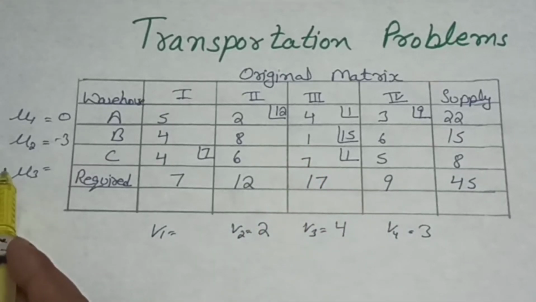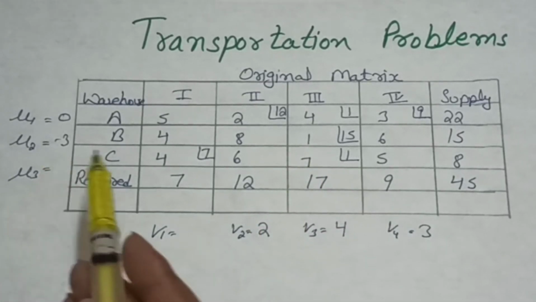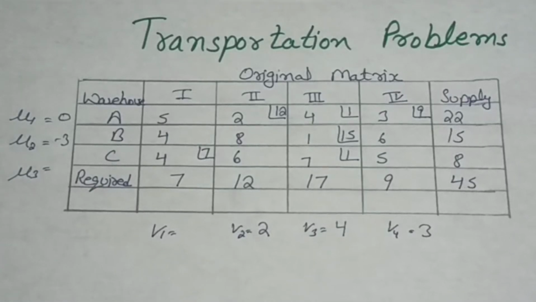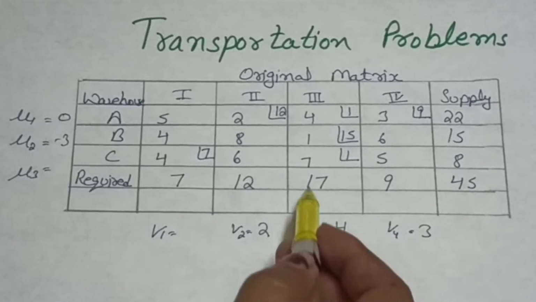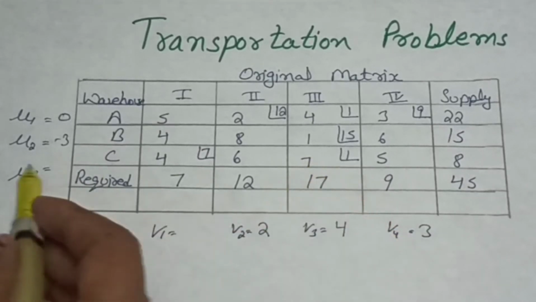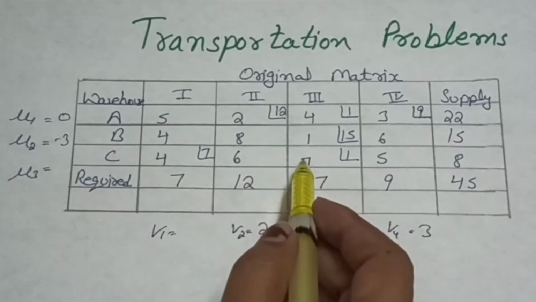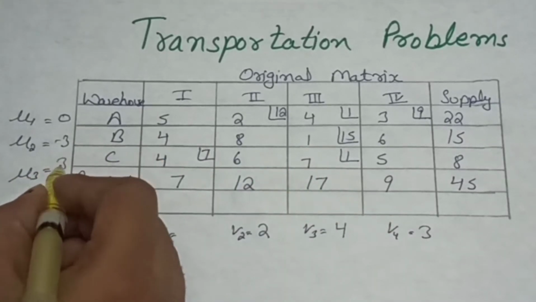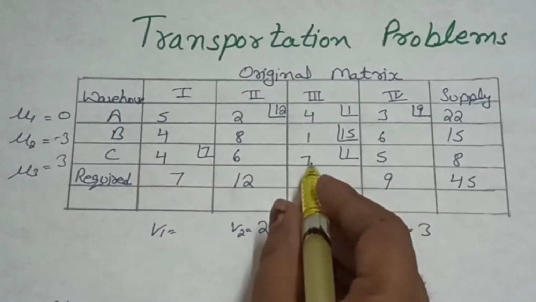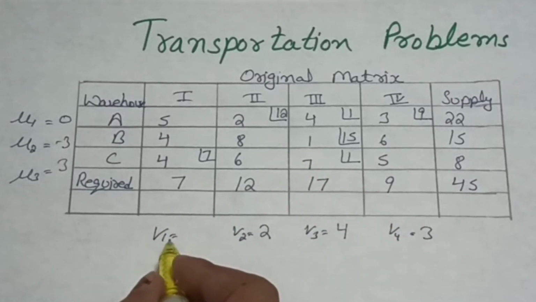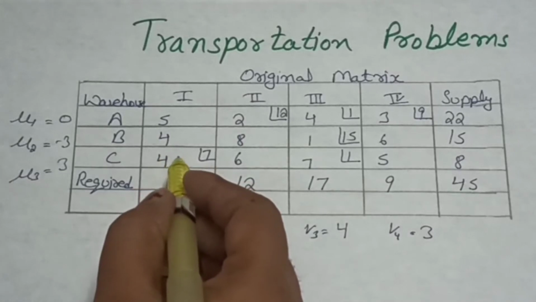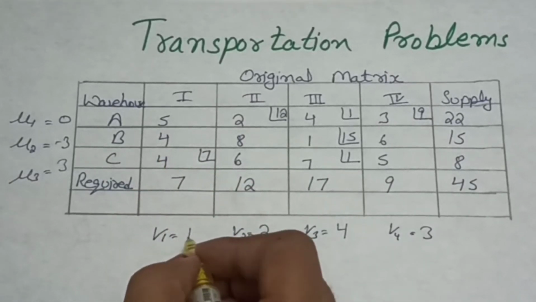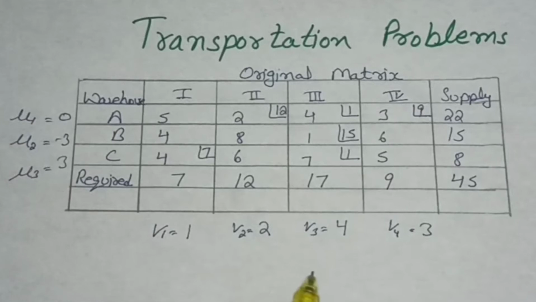Now we have to calculate the value of u3 and the value of v1. u3 plus v4 is equal to this cell, so u3 plus 4 is equal to 7. Here we write 3, because 3 plus 4 is equal to 7. Now we calculate the value of v1. 3 plus v1 is equal to this cell, so v1 is equal to 1. So you can see here we have all ui values and all vj values.